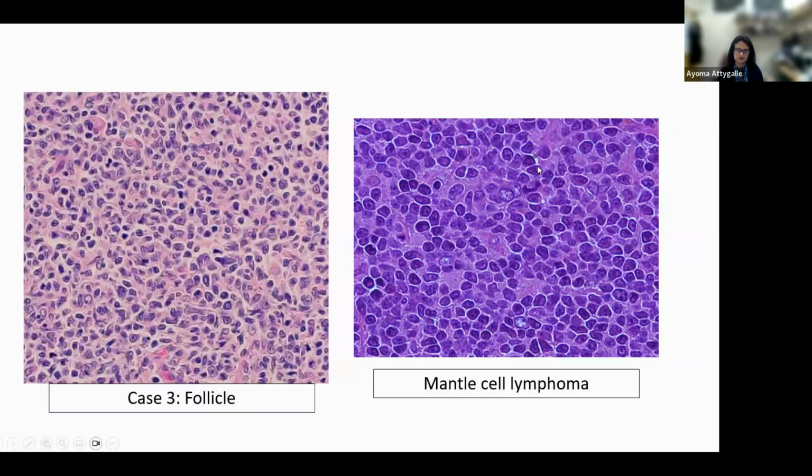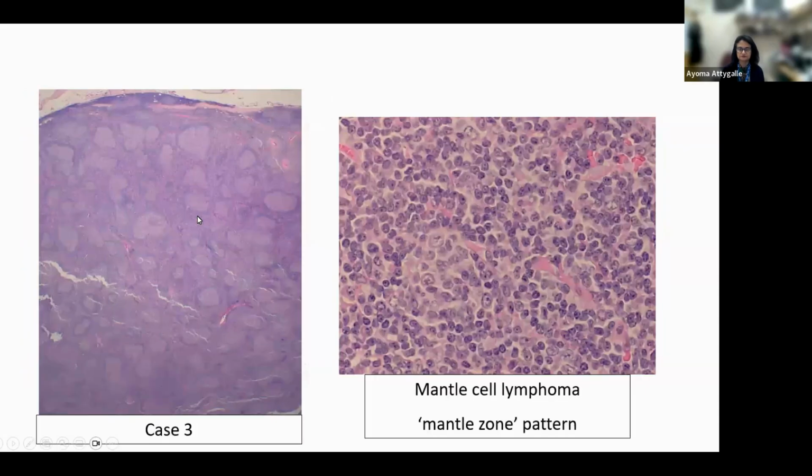This is within a nodular growth pattern where there is an underlying FDC meshwork, and there are some histiocytes. Here you're seeing much more cleaved, elongated and cleaved centrocytes, and scattered centroblasts. We saw this mantle zone pattern here, which is also something you can see in mantle cell lymphoma, but you can see that the proliferation seems to be really outside of this naked germinal center.